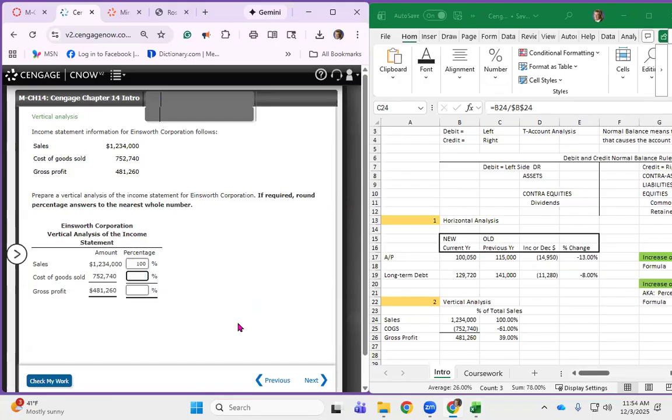When we take cost of goods sold divided by sales, it looks like for every dollar of sales, 61% of that dollar is the cost of what we're selling, right? If we subtract 61 from 100, these two have to add up to 100, okay? This is the percentage of every dollar sold that's the cost of what we sold.